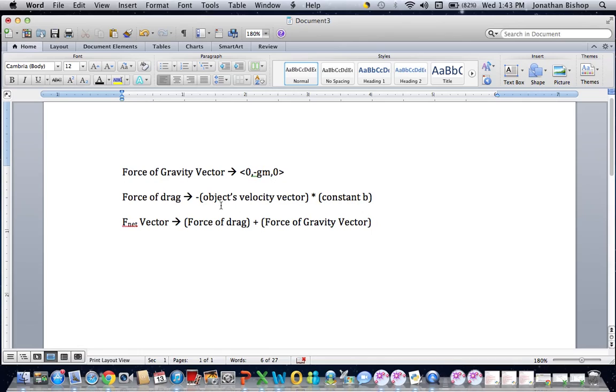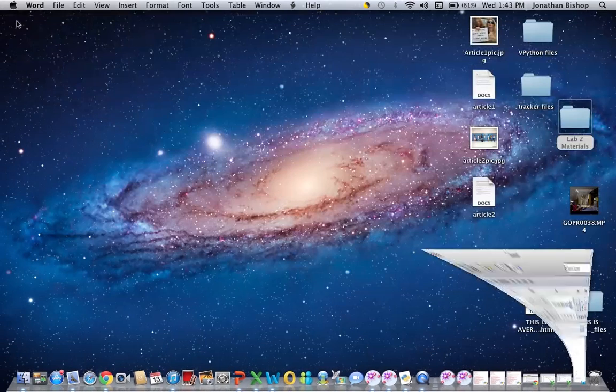And then I have the force of drag, which you would add to this gravity vector for the net force vector, and that's going to be the object's velocity times a constant b in a negative direction, because you want to subtract that from the force of gravity, so you essentially get these negatives right here to cancel out because it's going to be in the opposite direction.